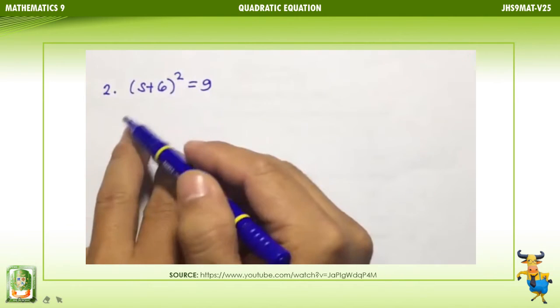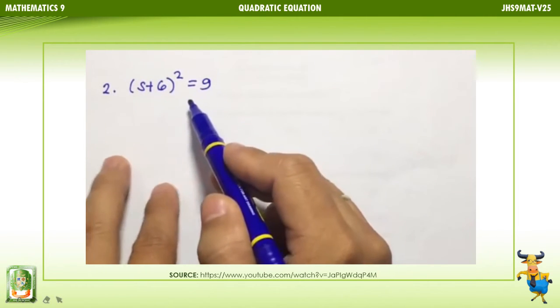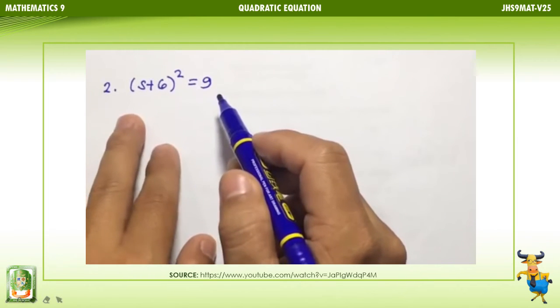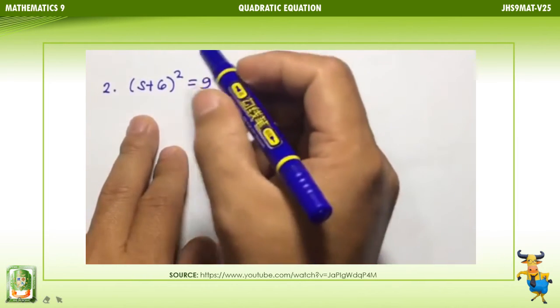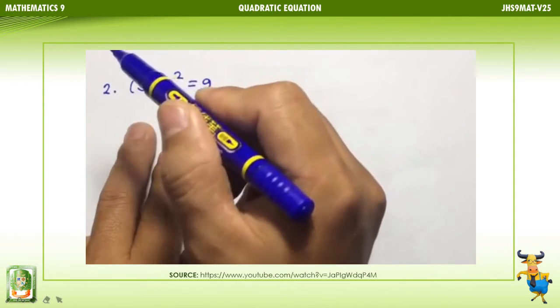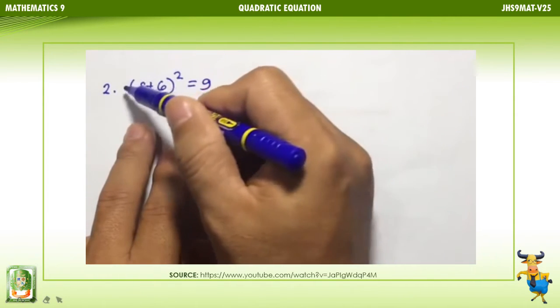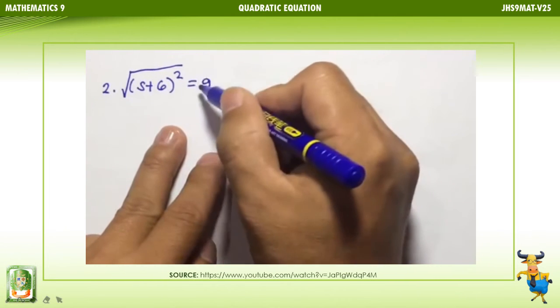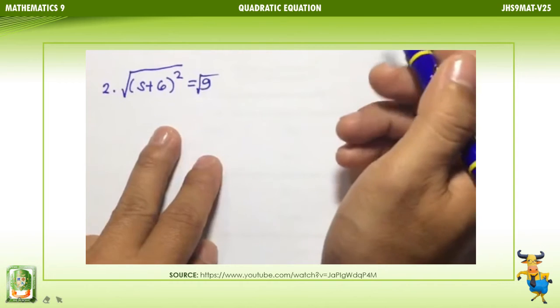Number 2. Quantity of s plus 6 squared equals 9. So what we're going to do here is apply extracting the square roots. So we're going to extract the square roots of both sides. We're going to have square root of s plus 6 squared equals square root of 9.